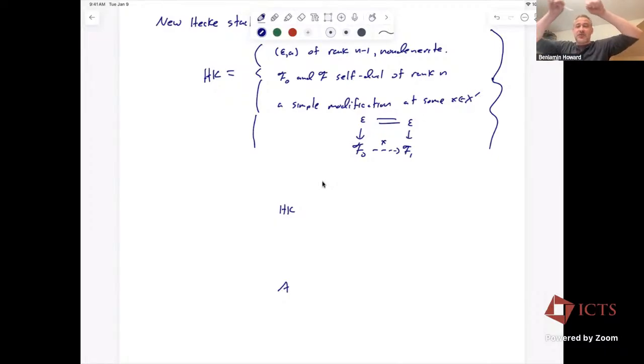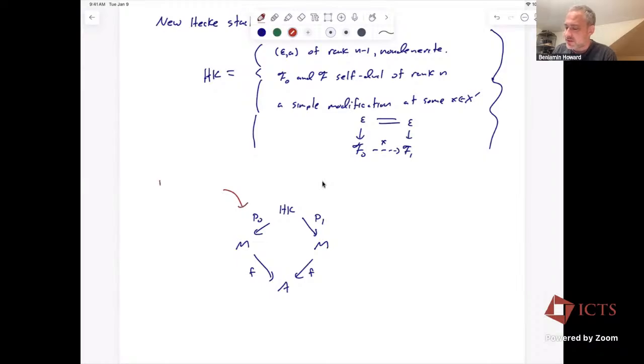And then it has two maps to the Hitchin space M, P0 and P1, where P0 just remembers E to F_0, this one remembers E to F_1, and to get all the way down to A, you just remember only E with its Hermitian form.